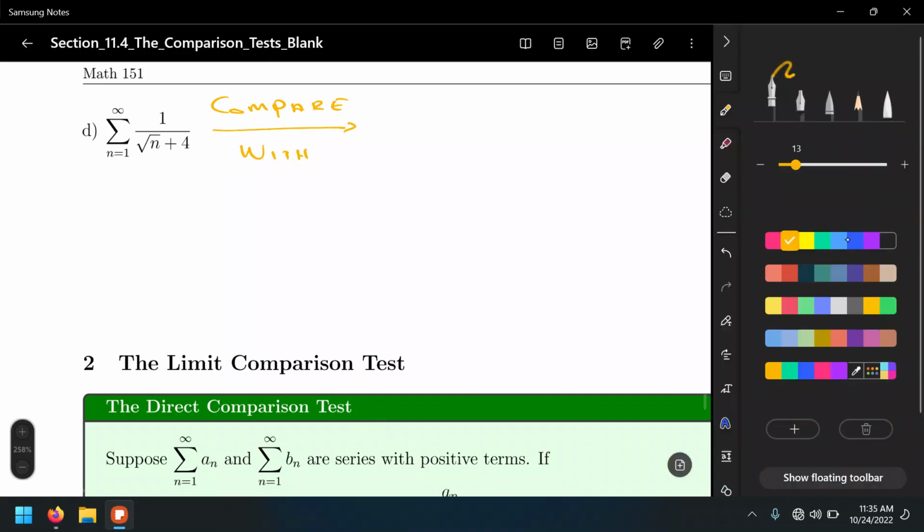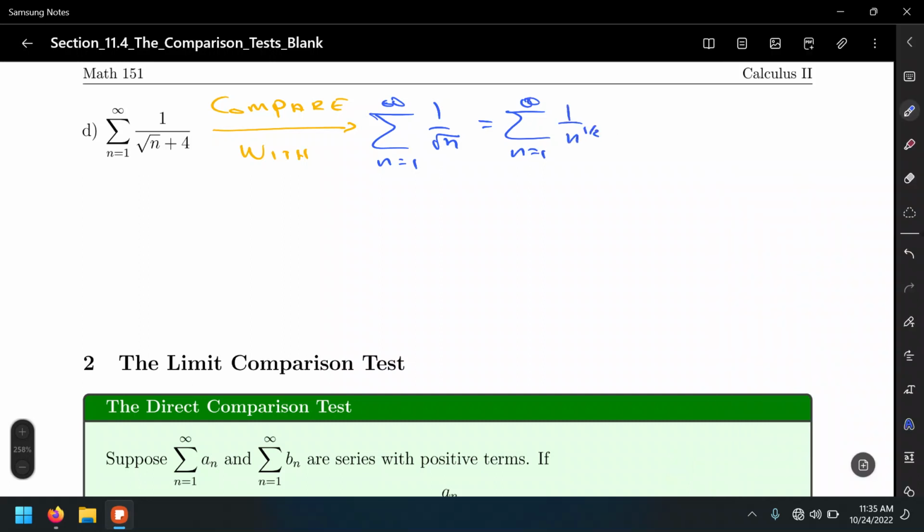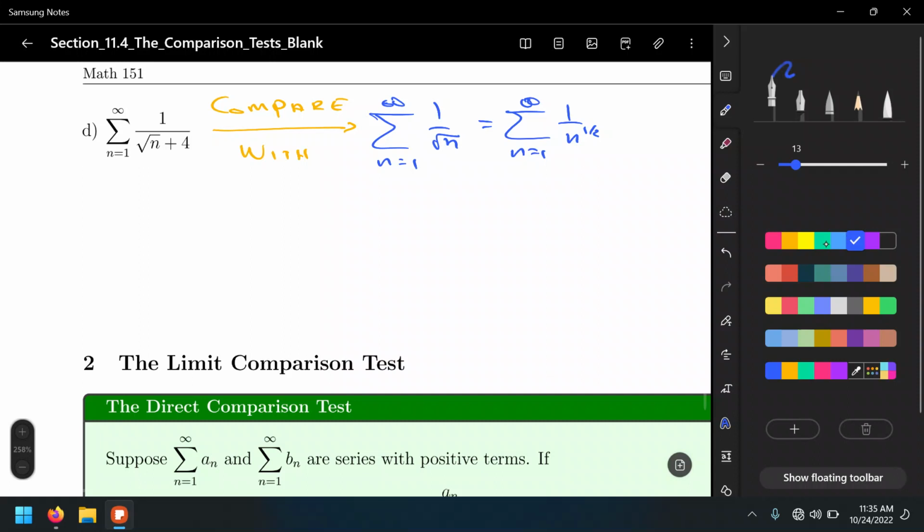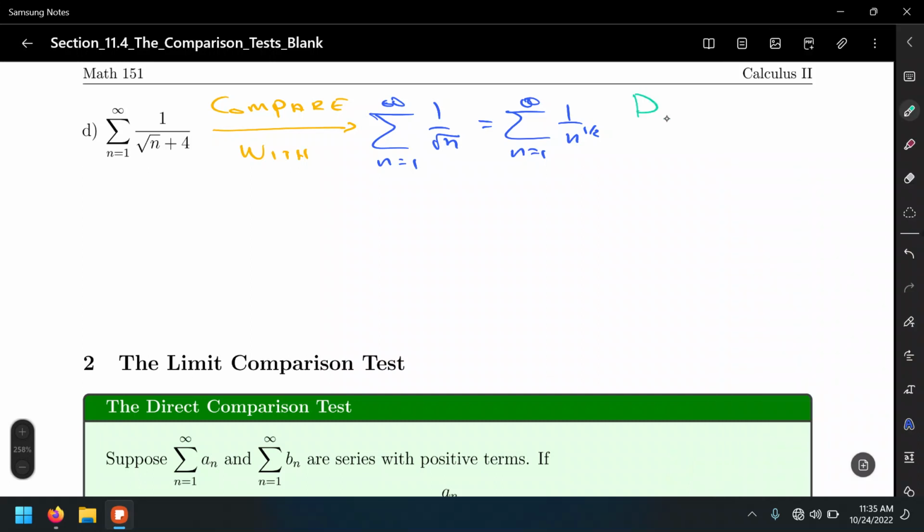So we're going to compare with sigma n equals 1 to infinity, 1 over the square root of n, which is the same as saying sigma n equals 1 to infinity, 1 over n to the 1/2, which in this case we know that this is a divergent P series.